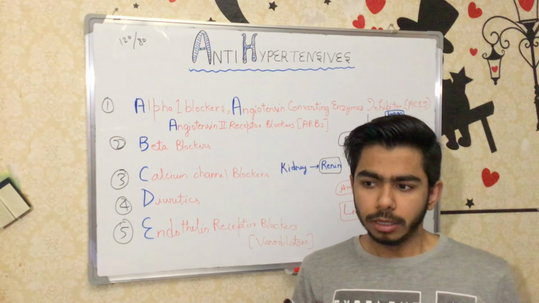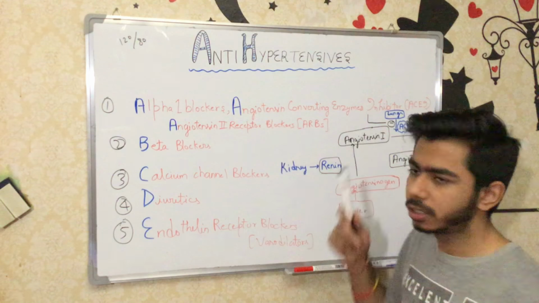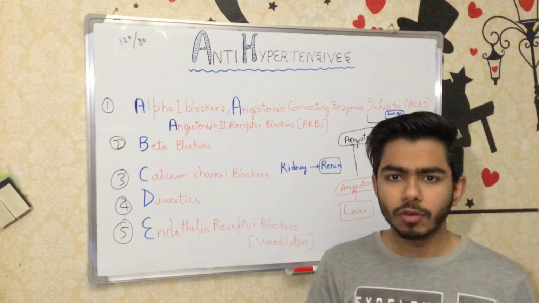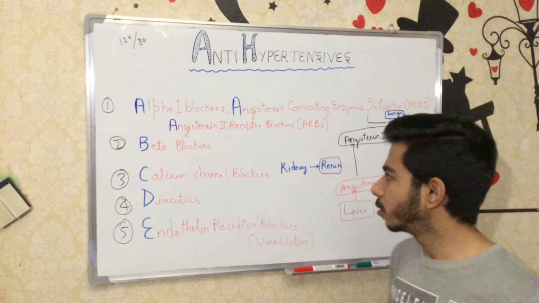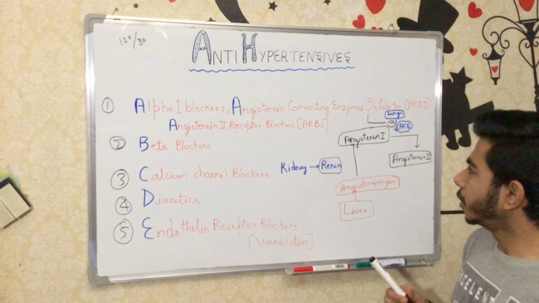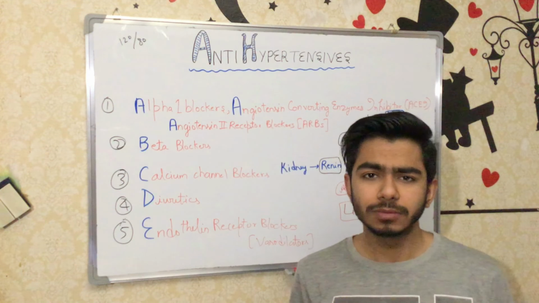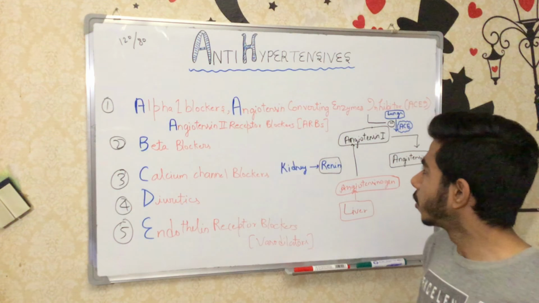Angioedema and headache can also be side effects of angiotensin converting enzyme inhibitors. Nausea, vomiting and diarrhea. And also, in order to reduce the blood pressure, the chronic use of angiotensin converting enzyme inhibitors can lead to hypotension, which is also a side effect of ACE inhibitors.